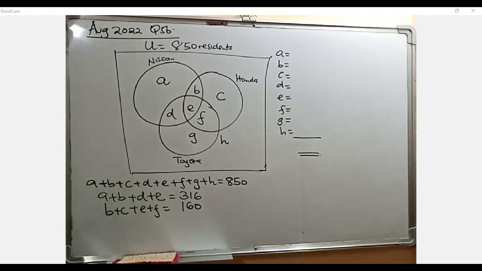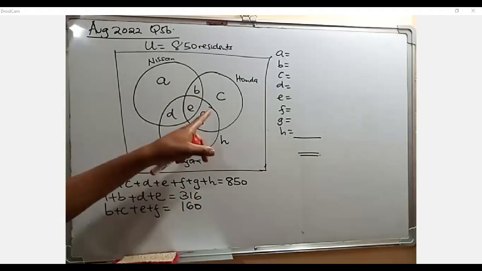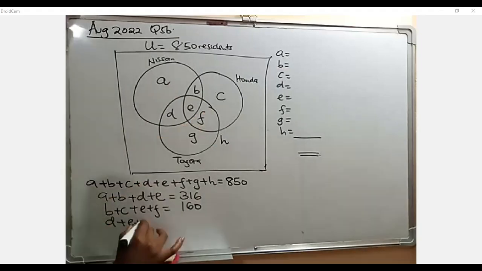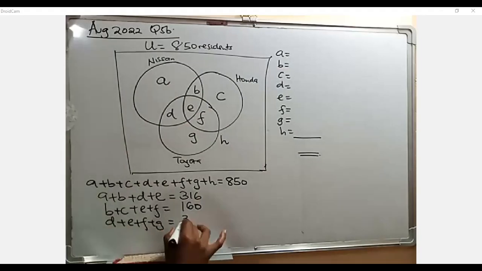Then we are told that 360 residents own Toyota. When I look at my circle for Toyota, we have D plus E plus F plus G, which is equivalent to 360. That is the information provided there.